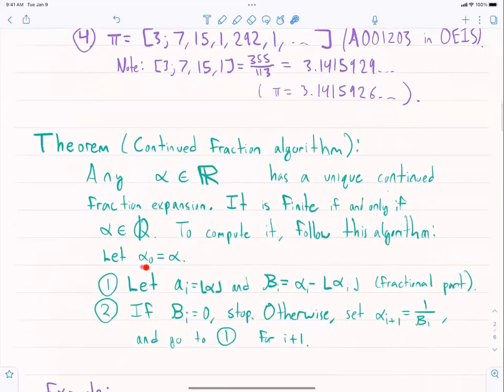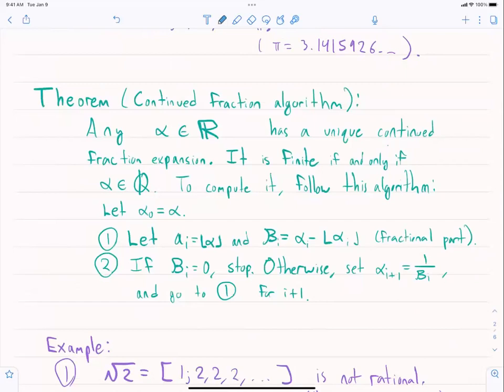First, you take alpha naught to be equal to alpha. You set a_i to be the floor of alpha_i. And so the a_i are going to be the coefficients, the entries in your continued fraction expansion. Beta_i is going to be alpha_i minus the floor of alpha_i, so the fractional part. And if beta_i is equal to 0, you stop. Otherwise, you set alpha_{i+1} to be the reciprocal of beta_i. And then you go back to step 1, but now for i+1.